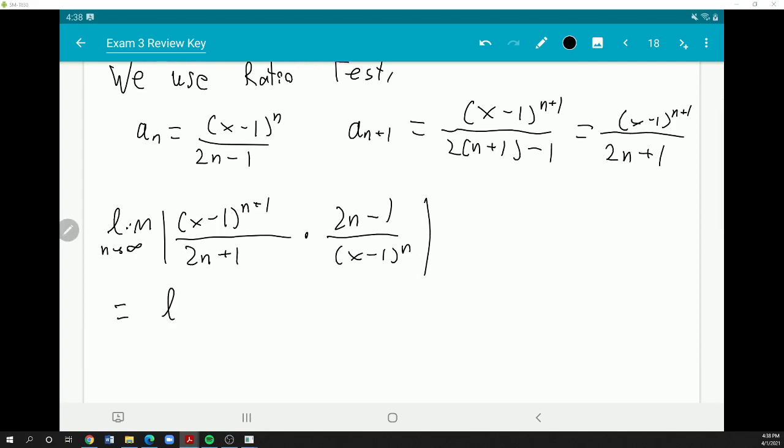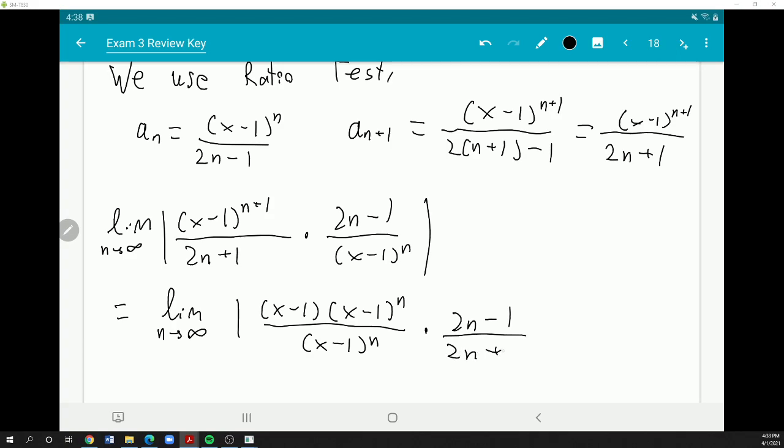Then this is the limit as n goes to infinity of, write it this way, (x minus 1) times (x minus 1)^n, popping one of the powers off, times (2n minus 1) over (2n plus 1).